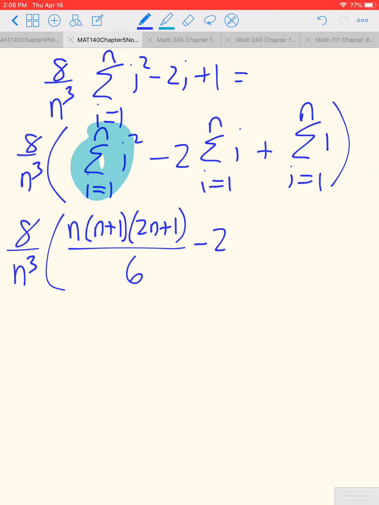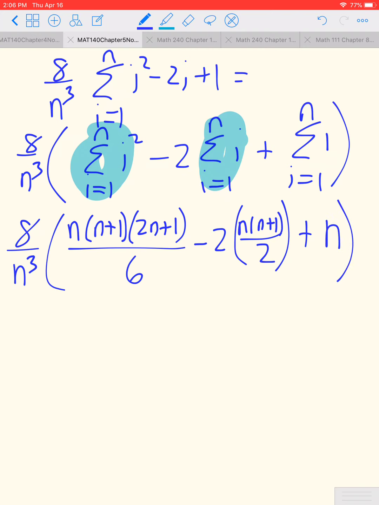The sum from i equals 1 to n of i, that was n times n plus 1 over 2. And then the sum of a constant is just n times the constant. So this is going to be 1 times n, which is n.